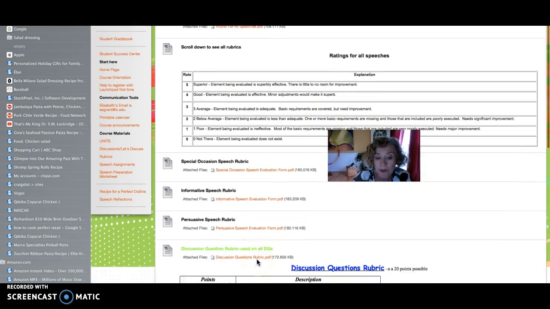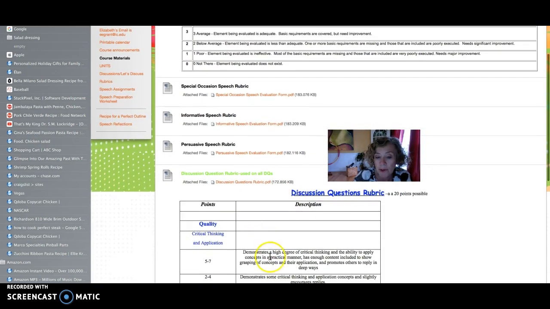So you can see that there is a discussion rubric posted, and every time that you reply or you submit an assignment, your grammar and punctuation and proofreading all counts. So I understand that that may not be the case in a face-to-face class where you get dinged for not spelling or capitalizing I, but this is the way you're presenting yourself in an online course.